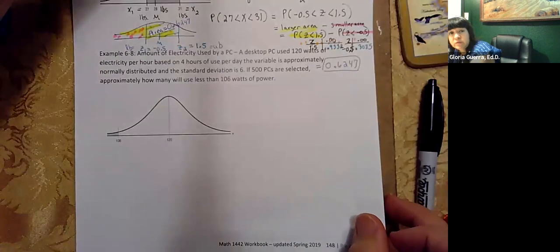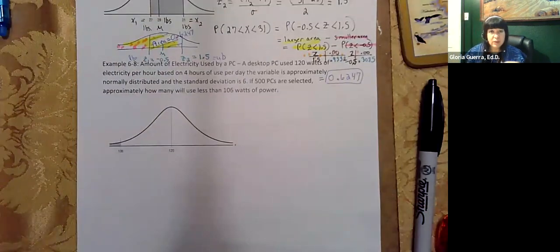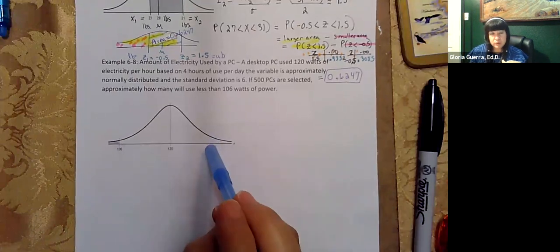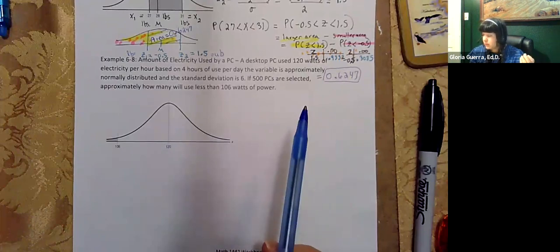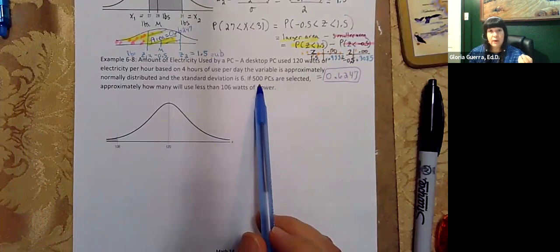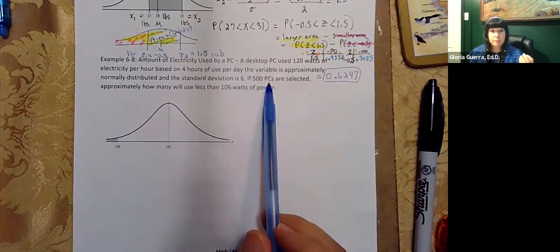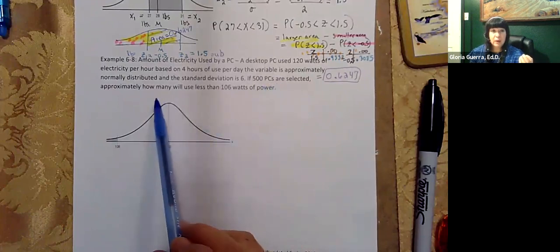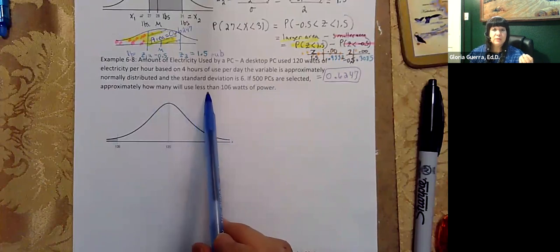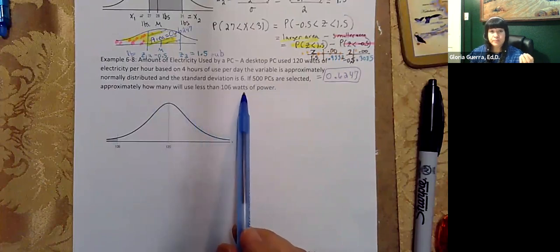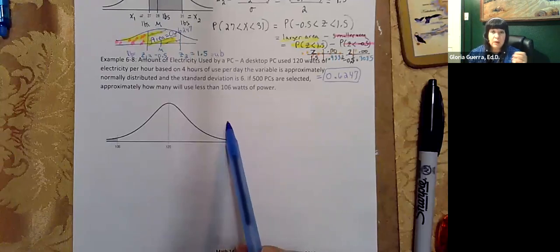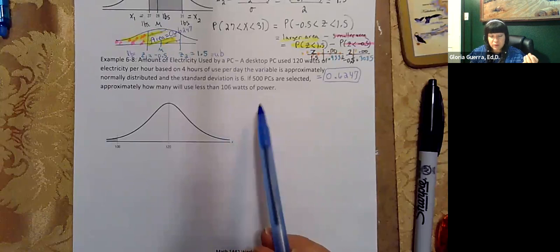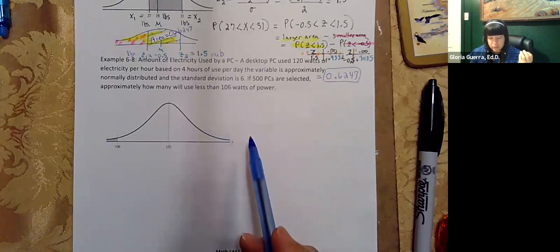Okay, now the second problem, I'll do this. I mean, the third one, I'll do this one, but I wish I had given you one where they ask for the area to the left, because this one kind of repeats the first one, except that it says here, if 500 personal computers are selected, approximately how many will use less than 106 watts of power. So when you find the probability, you'll have to multiply it by 500. That's how it is different from the first one.